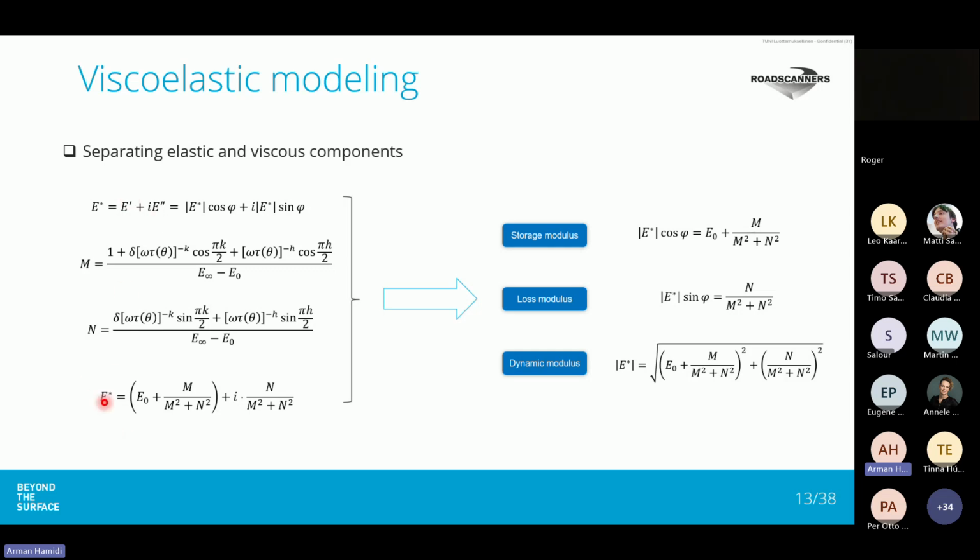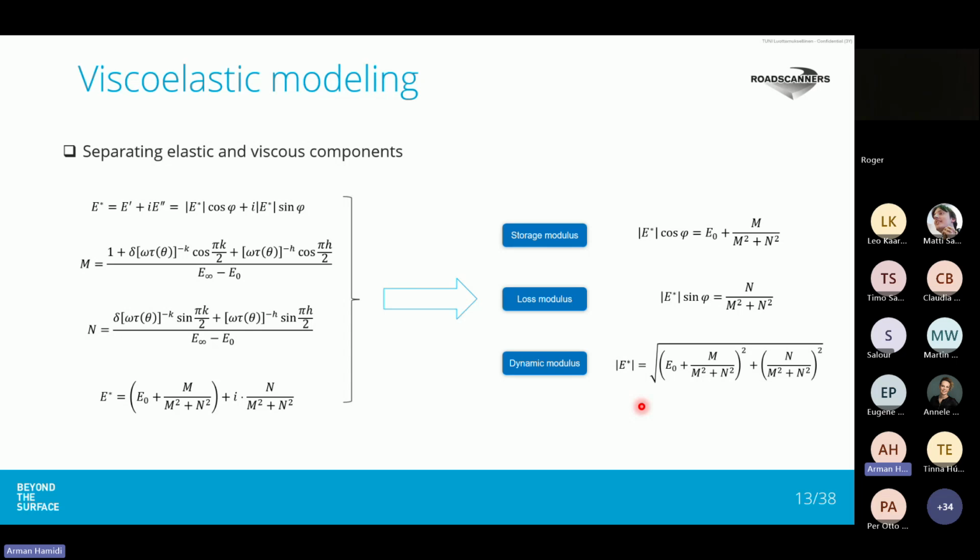So we can write this E star as the combination of these two components. The part without the imaginary unit is the storage modulus, and this part is the loss modulus. Now that we can determine storage and loss modulus, we can use this equation to determine dynamic modulus, which is the magnitude of complex modulus.